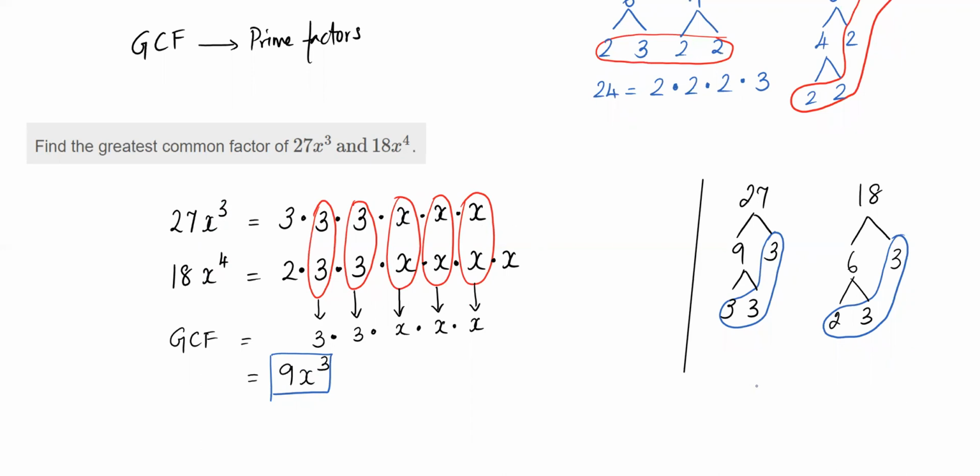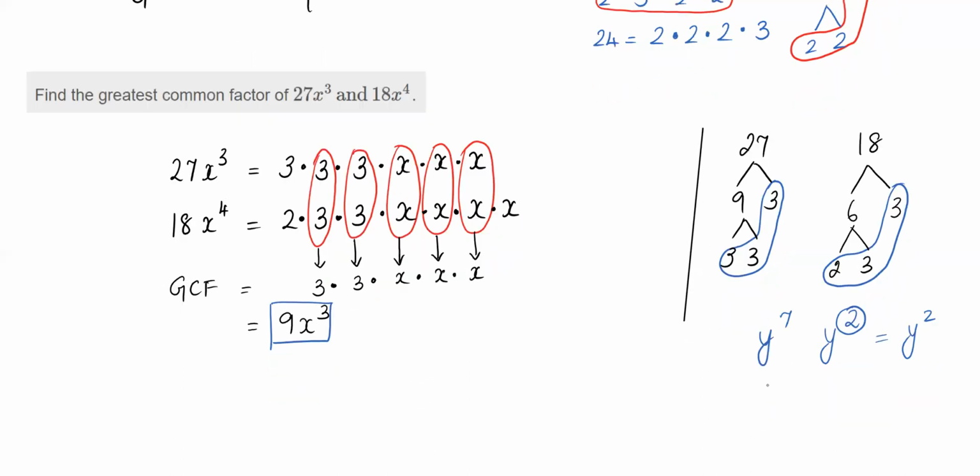Okay? So what I mean is, if I had y to the power 7 and y to the power 2, the GCF, or the greatest common factor between these two, would be y to the power 2, because you will always choose the lowest power, because that's going to fit in 7, right? But 7 is too big to fit inside 2. That's how you understand this. So the power 2 is going to be common to both the y to the power 7 and the y to the power 2.